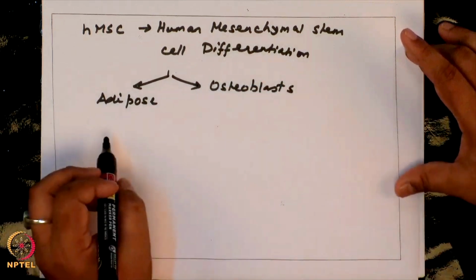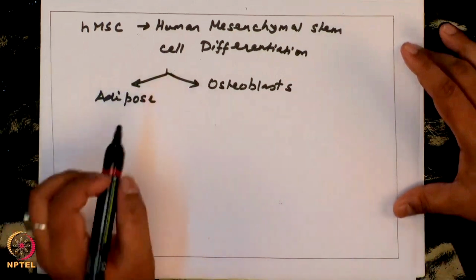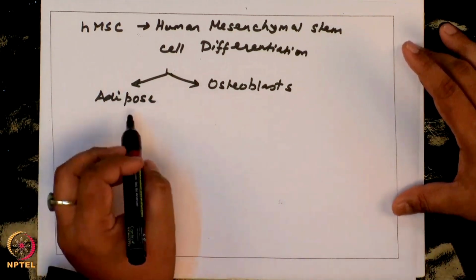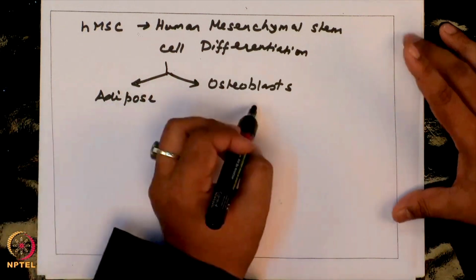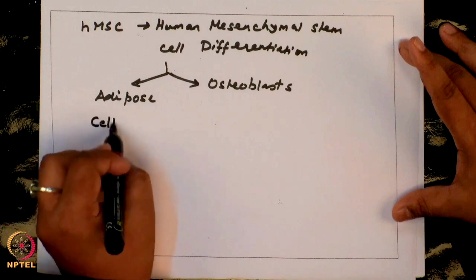Now, one of the striking observations in these experiments is that the decision to differentiate into an adipose cell versus an osteoblast is often dependent on the cell density.